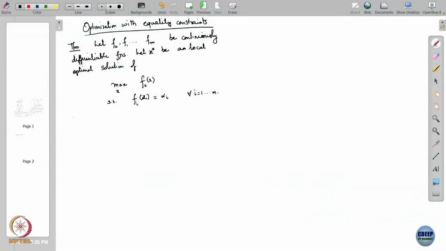Now, the theorem says the following. Suppose you look at these derivatives. Suppose at x star, the derivatives fi x of x star for i equal to 1 to m, not 0 to m, you are looking at the derivatives corresponding to the constraints here, evaluated at x star.